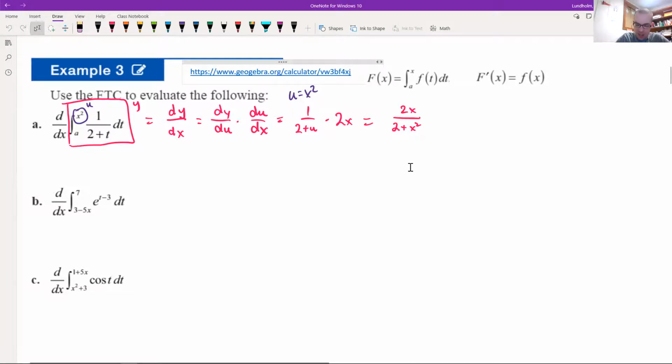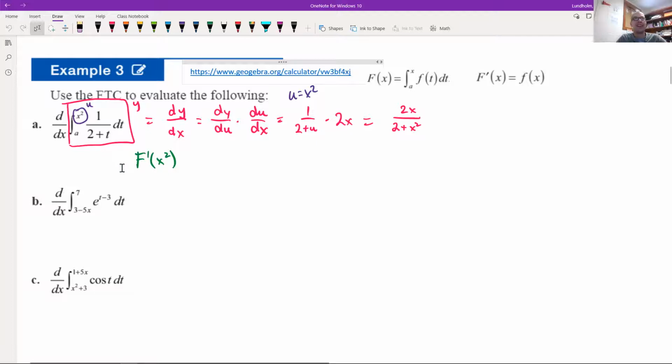The alternate notation, you might want to think of this whole thing as you're taking the derivative of the antiderivative with x squared as the argument of your function.